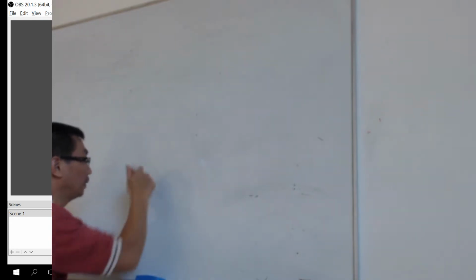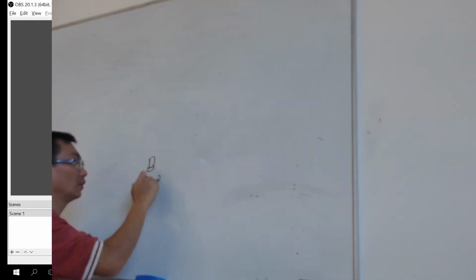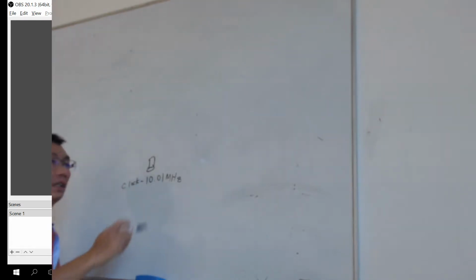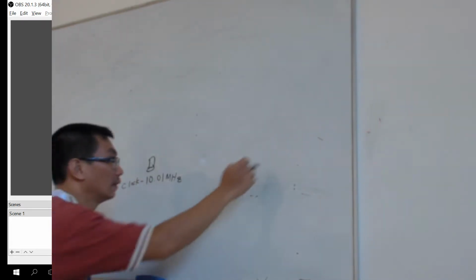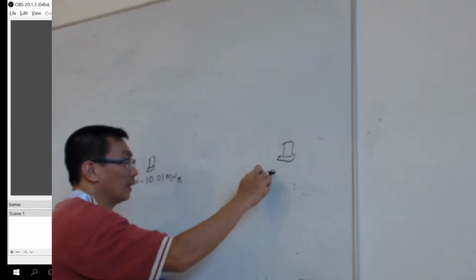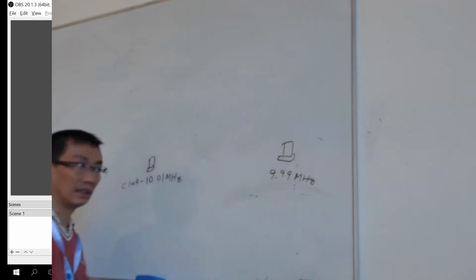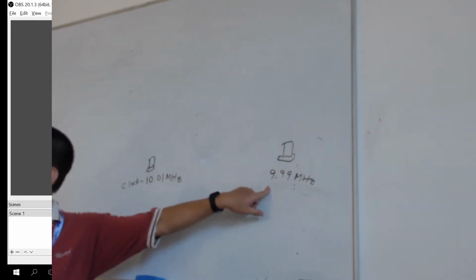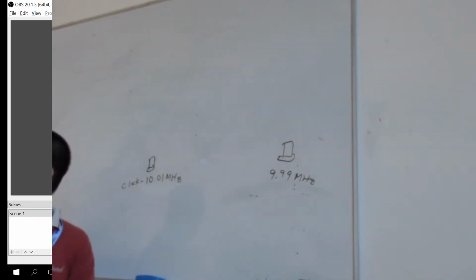Let's say you have a PC here, with a clock of maybe 10.01 megahertz. This will be your clock. You have another PC from the same manufacturer. It might be 9.99 megahertz. There's a slight difference in your clock frequency, correct? Every computer's clock frequency is different.